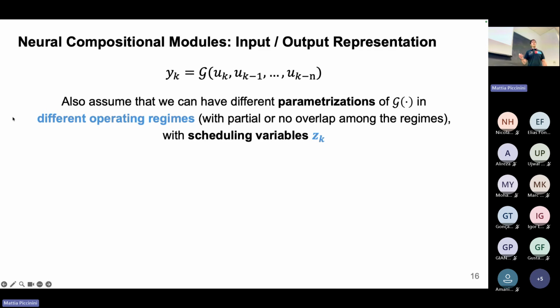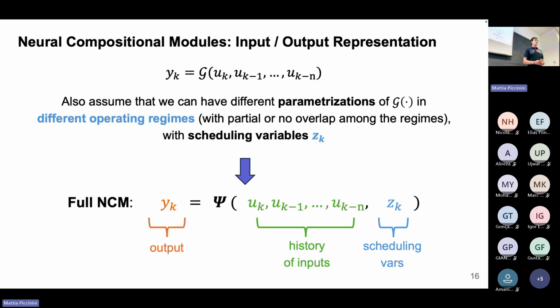For example, with lateral vehicle dynamics, if you steer at low speeds, you get a certain response. If you steer on the motorway at 140 kilometers per hour, the vehicle behaves completely differently. You may think of the scheduling variable in this case as the speed of the car, or the gear. Accelerating in second gear is very different from fifth gear.